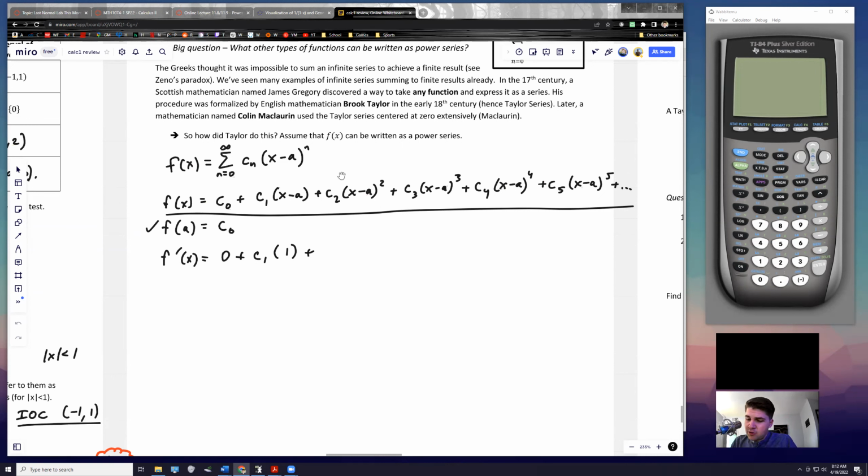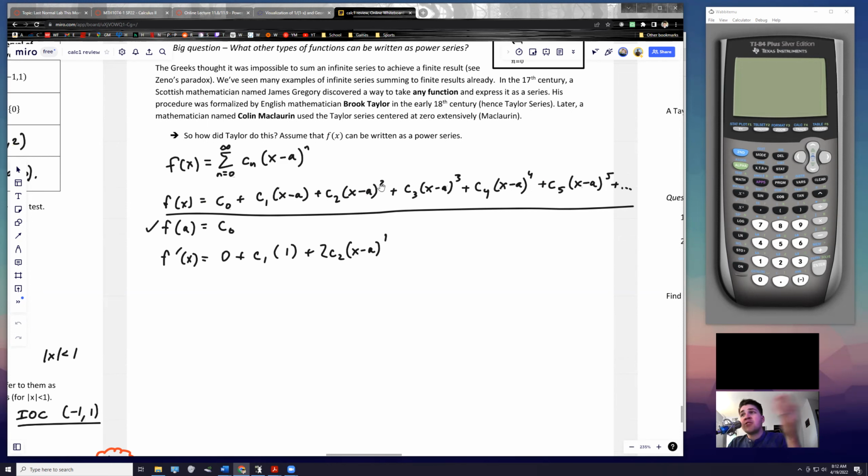So I would have 2C2 times x minus a to the first power. Technically, I would need the chain rule because the inside is more than just x. I'm differentiating x minus a, but the derivative of the inside, as we've already established, is 1. So I'm going to ignore the chain rule throughout, because the derivative of x minus a is still just 1.